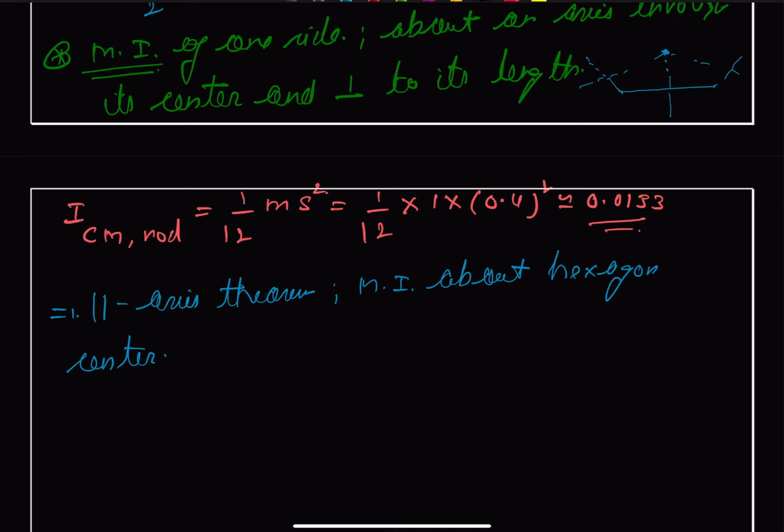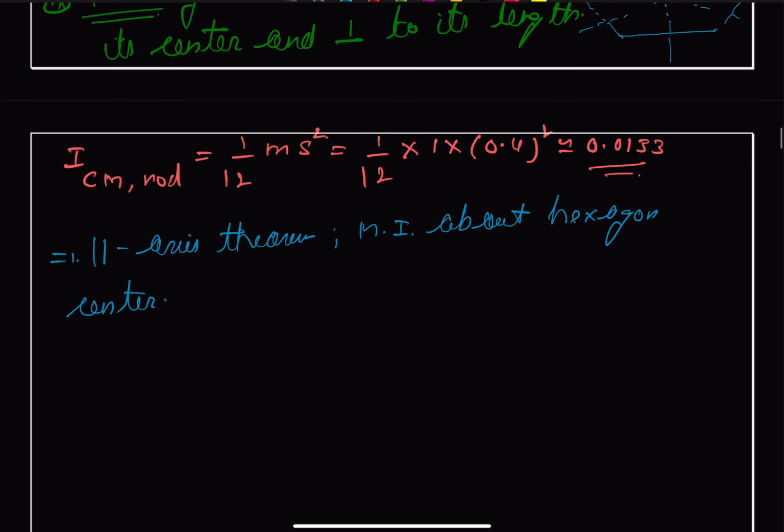And we know that the hexagon center is at a distance r, okay, which we call as in radius. Therefore we can say the moment of inertia of the side will be equal to moment of inertia of center of mass of the rod plus mr square.